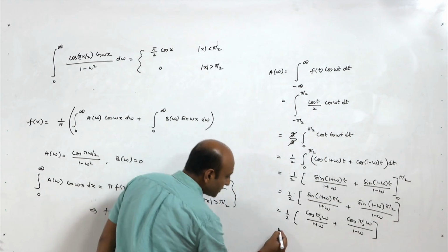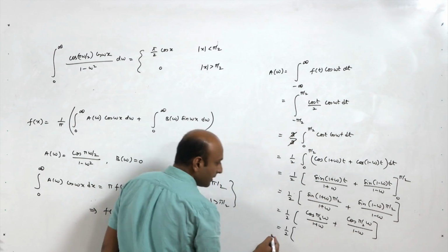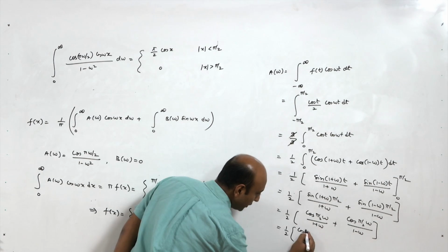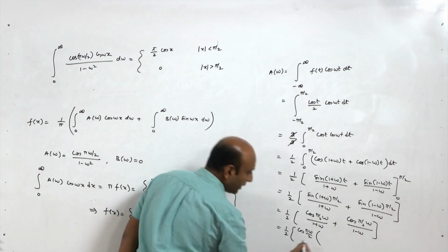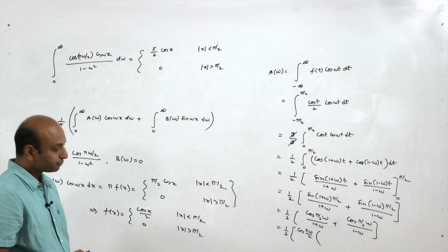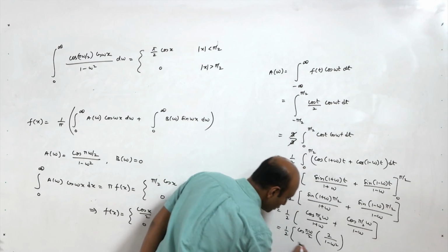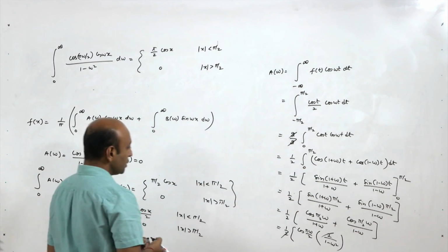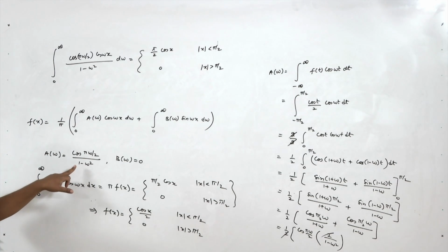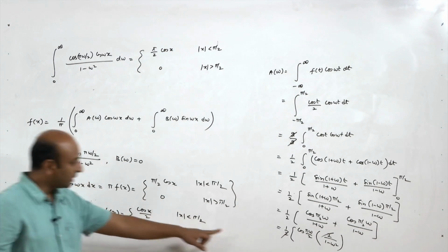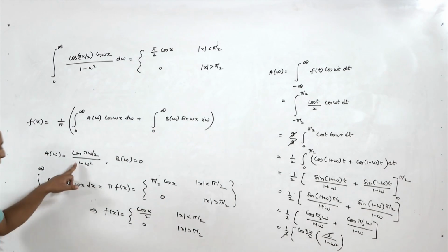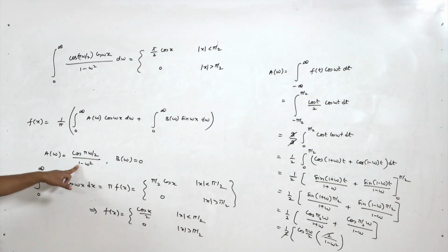So, this cos(πω/2) will come out, and it will be nothing but 2 upon 1 minus ω squared. So, 2 cancels out. So, this comes equal to cos(πω/2) into 1 upon 1 minus ω squared.